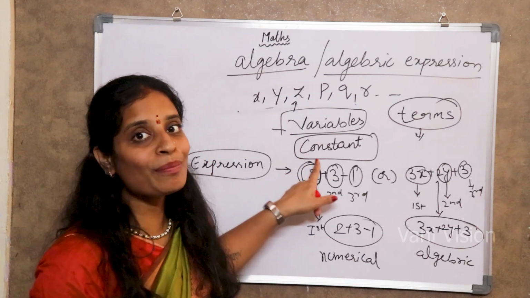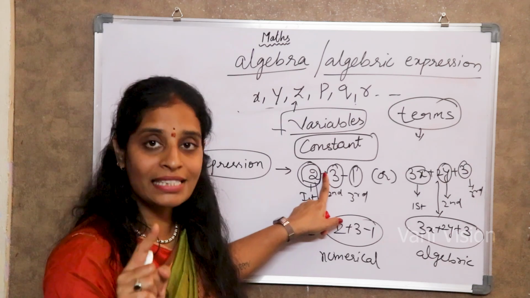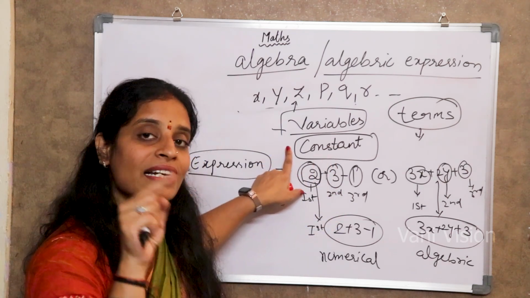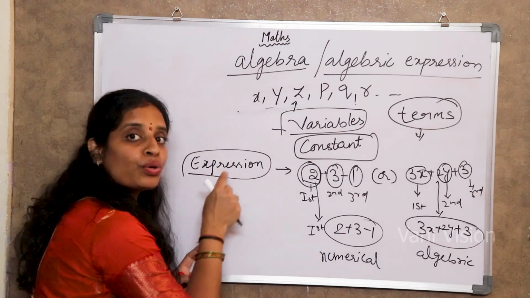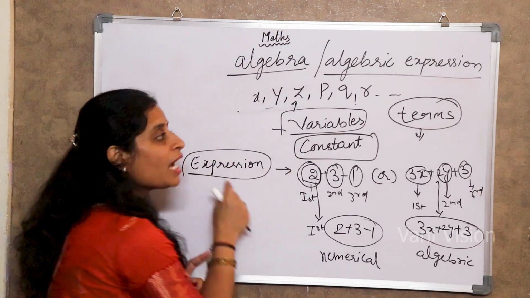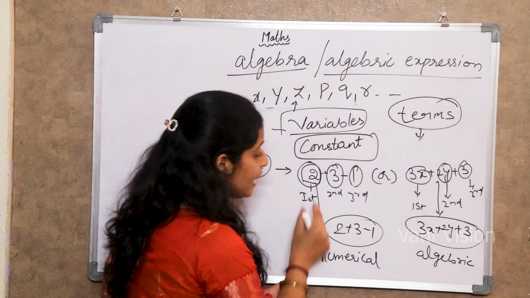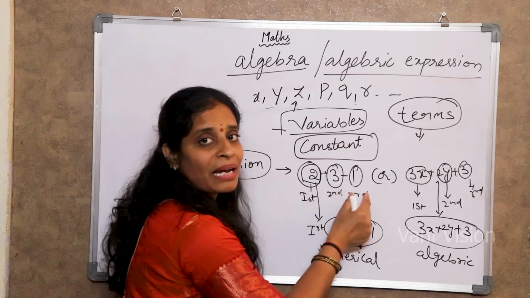Now coming to constants. I didn't explain what constants are yet, sorry. Before we learn about constants, what have we learned? We learned about an expression. To know the definition of expression, we went to the terms. What are the terms? In any expression, I have taken a single expression, 2 plus 3 minus 1.